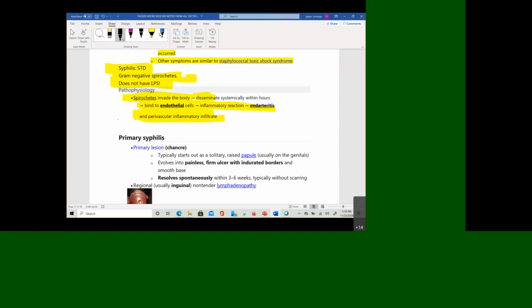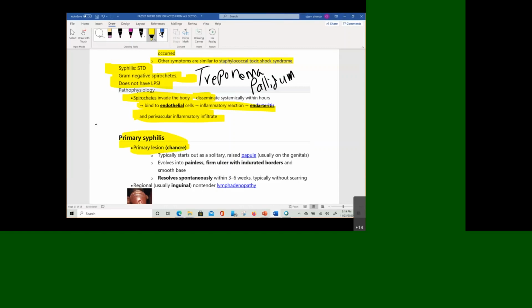It's Treponema pallidum. Okay, so the primary syphilis is marked by the primary lesion called a chancre.